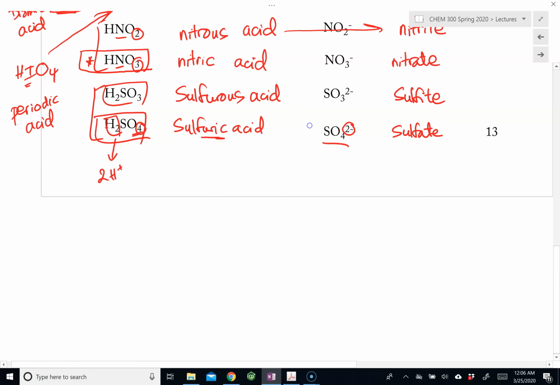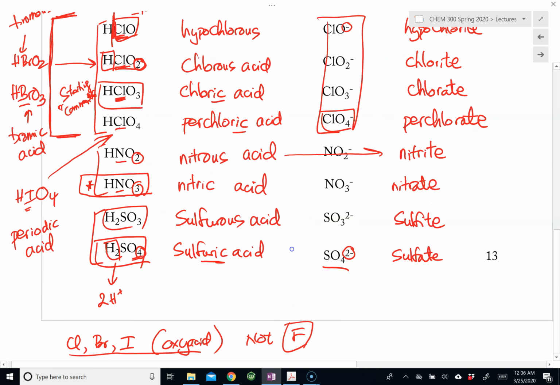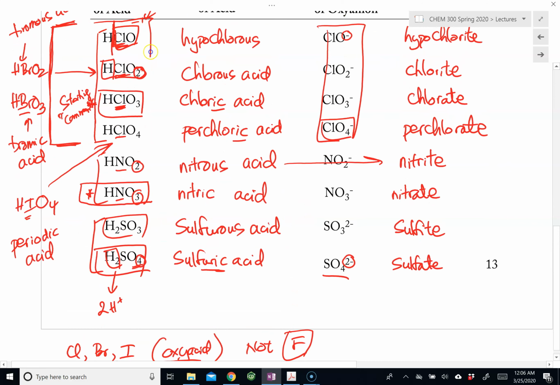So basically, chlorine, bromine, and iodine can form oxy acid. Not fluorine, because fluorine cannot exceed octet. So all of these can form oxy acid, and they are named very much similarly. So once we have learned how to name the chloric acid and its derivatives, then we will be able to name the other oxy acids with a different halogen.